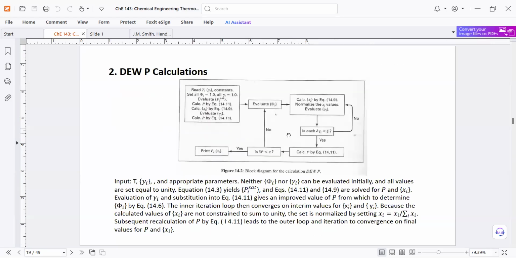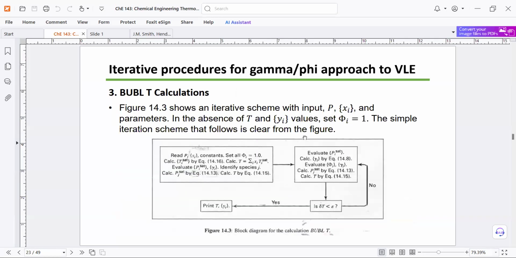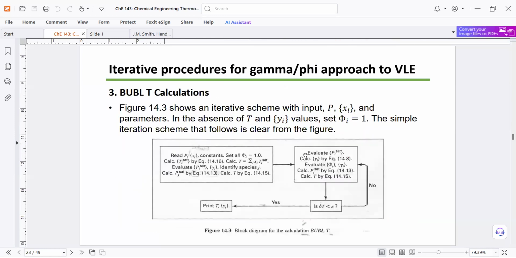Please just check out the previous video for the details. So there are iterative steps. Some have more steps than the others. Like for dew T and dew P, there are iterations within the iterative loops. So please check it out.